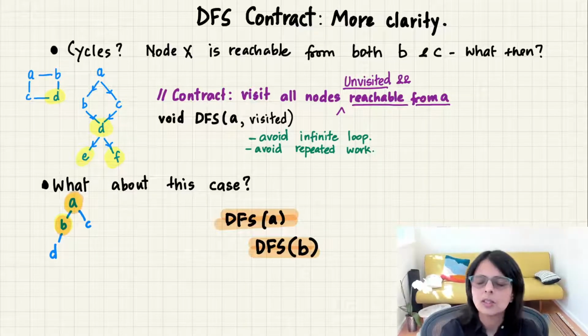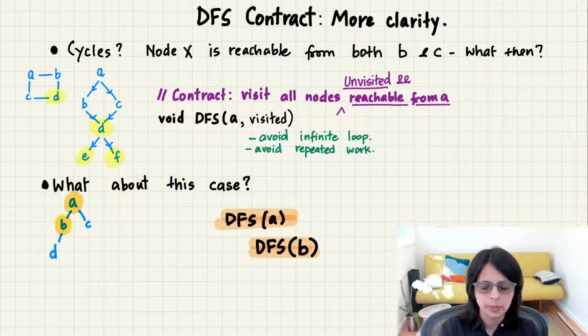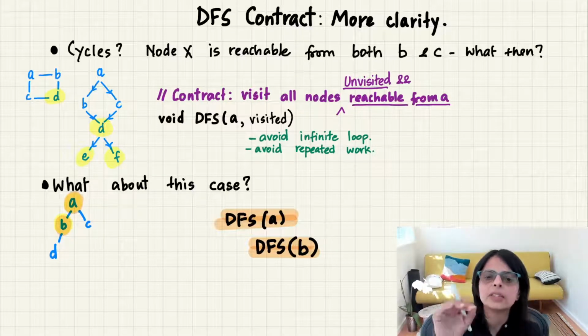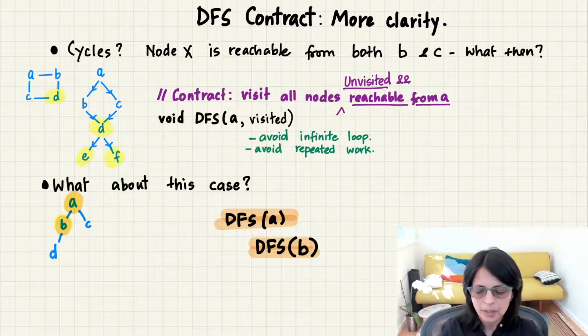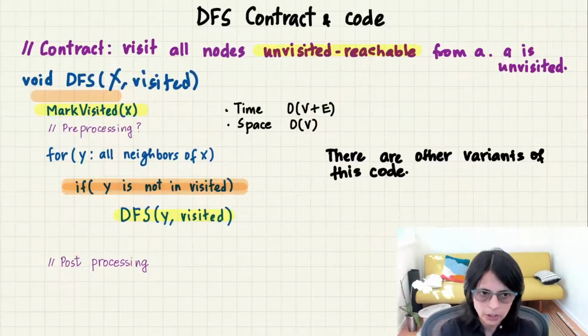C is not unvisited reachable from B. For C to be unvisited reachable from B, B has to be able to go to C using a path that has only unvisited nodes on it. And so that makes C not unvisited reachable from B. That brings a little further clarity to our contract.